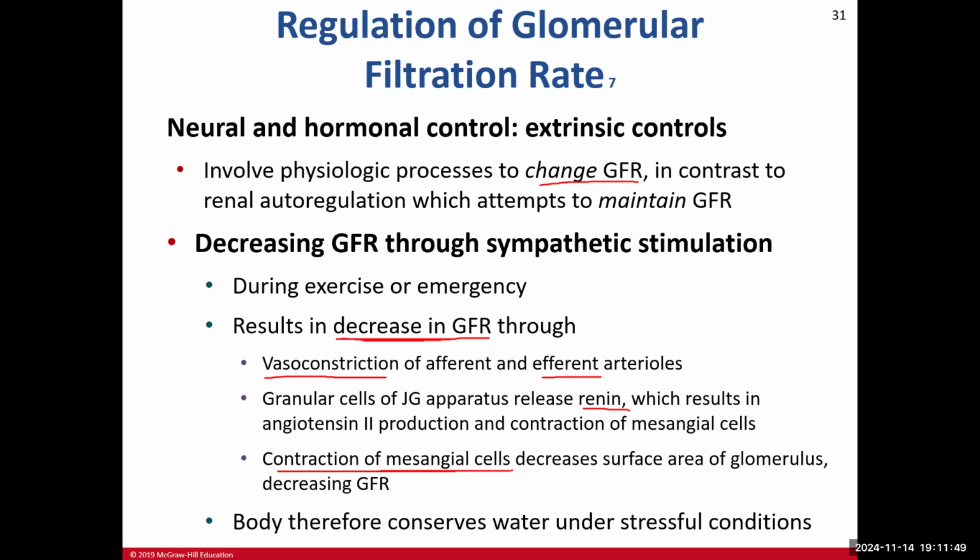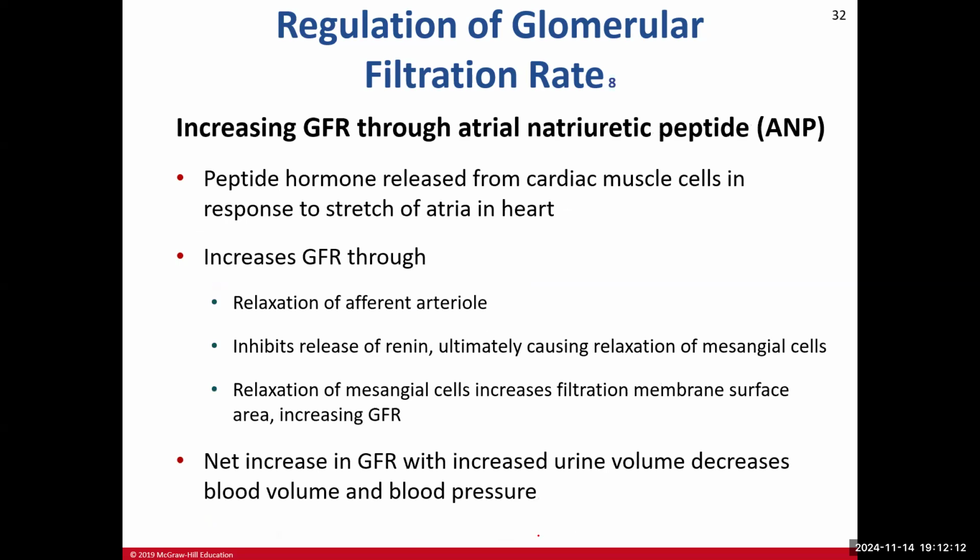You're going to increase your blood volume, therefore increasing your overall blood pressure. And if you think about it too, the sympathetic nervous system is also going to help us with water conservation to maintain fluid and electrolyte levels, things of that nature.